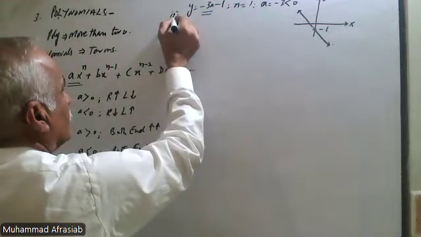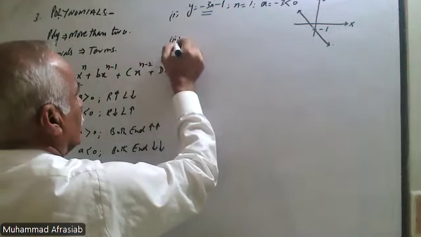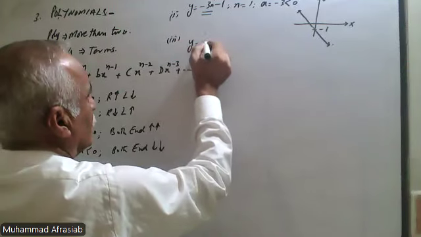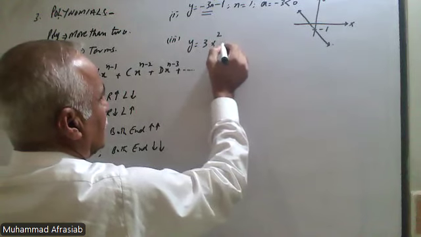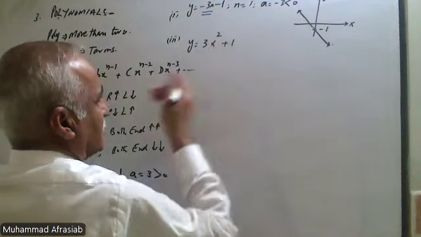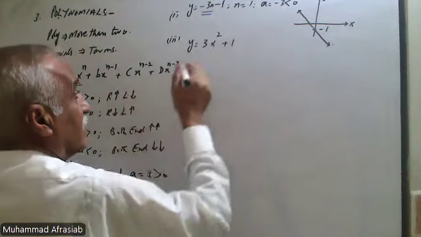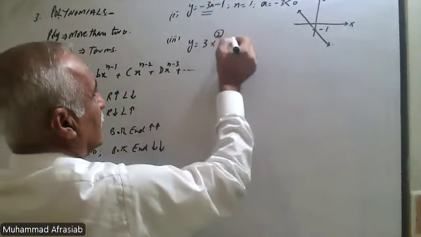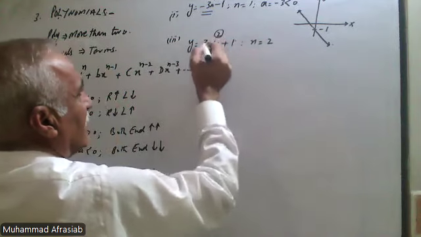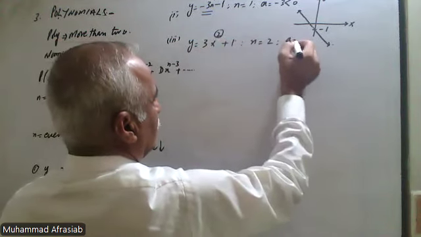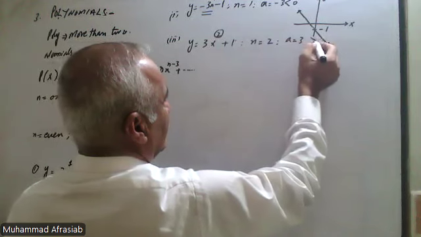Suppose y equals 3x^2 plus 1. Now we know that here n is equal to 2 and a is equal to 3, which is greater than 0.